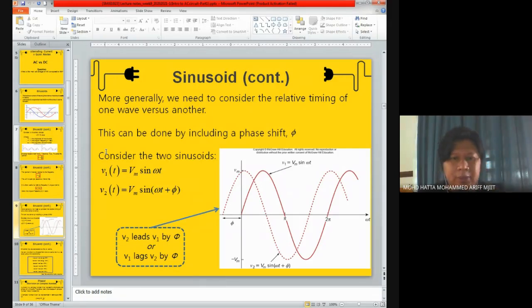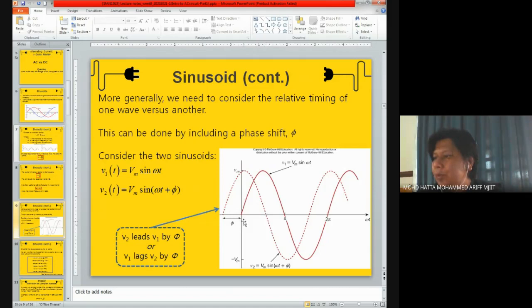For example, here we consider two sinusoids. We have V1, the one we have here, and V2 is the dotted line over here. If you see here, both sinusoids have a phase shift between each other.